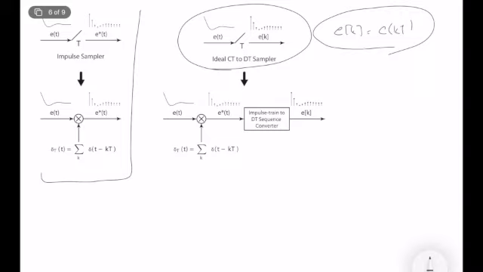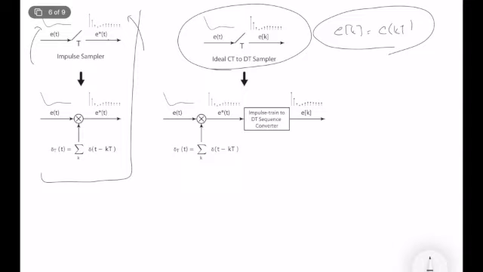In this case, as you can see, my input is continuous. My output still lives in the continuous time domain, the t domain. So it's not different. This is t, this is t. I'm not changing my t in the impulse sampler.